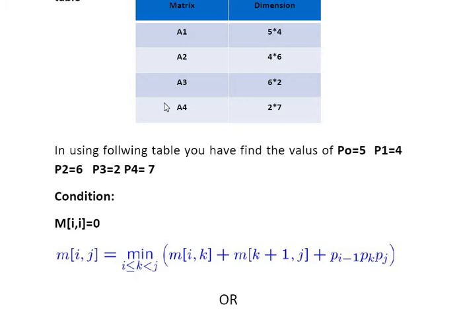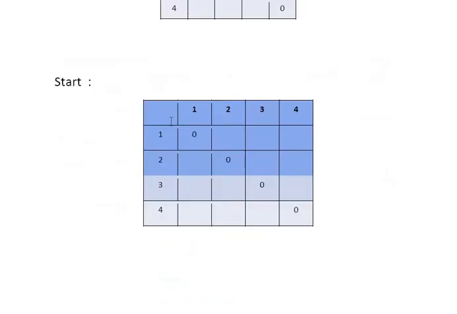So we create a table based on the matrices. You are given the matrices 1, 2, 3, and 4, so we create a 4 cross 4 table. You are given 5 values, and so we create the 4 minus 1 table. We create 1, 2, 3, 4 and 1, 2, 3, 4, and create the table. Also, the condition m of i i equal to 0 means the diagonal values are all 0.